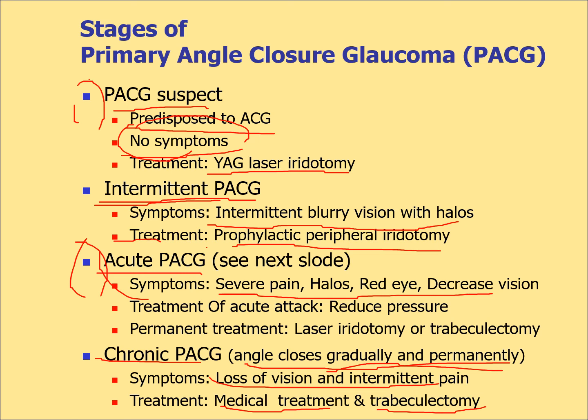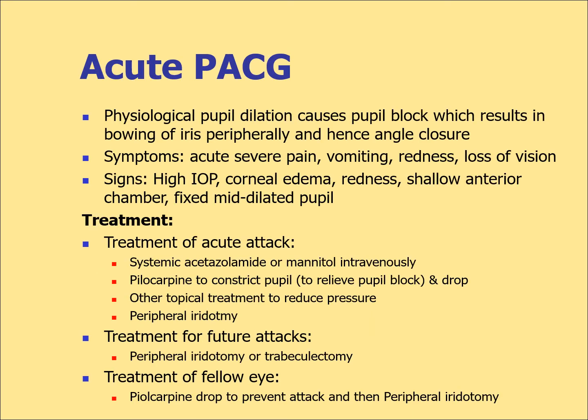Now in the next slide, we will discuss acute primary angle closure glaucoma, or acute attack of primary angle closure glaucoma. Physiological pupil dilatation causes pupillary block, which results in bowing of the peripheral iris, and hence the angle is closed.